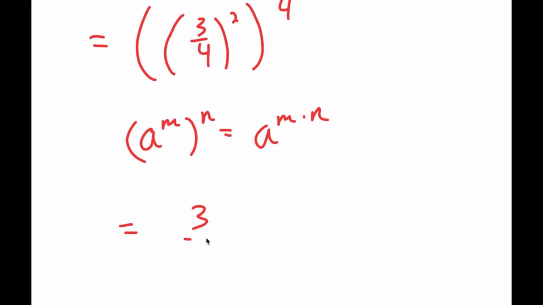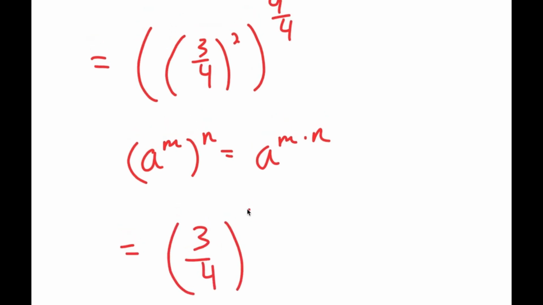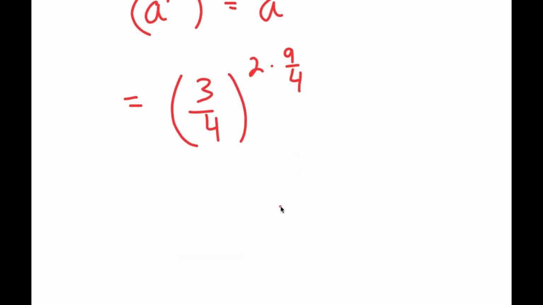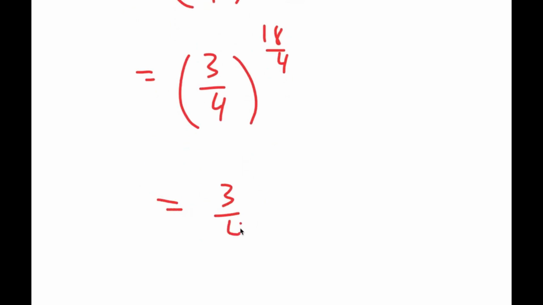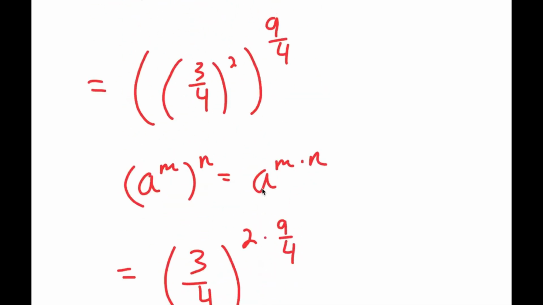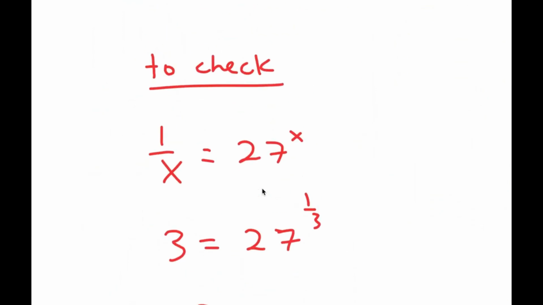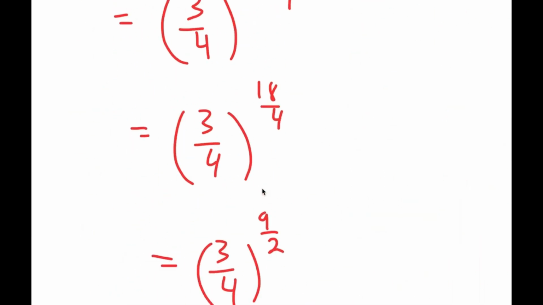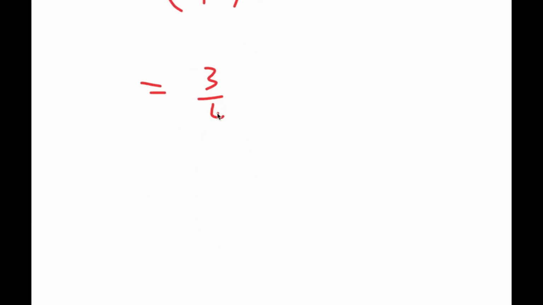So this turns into (3/4)^(2 × 9/4), which turns into (3/4)^(18/4), which is (3/4)^(9/2). Sorry, this should be (3/2)^(9/2).